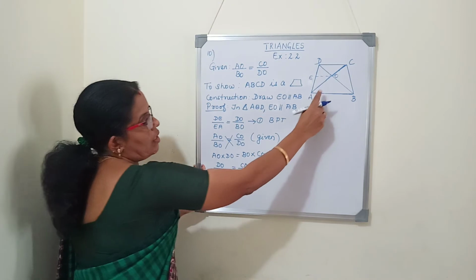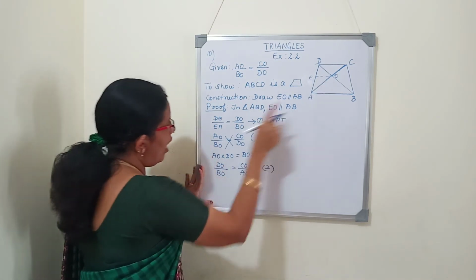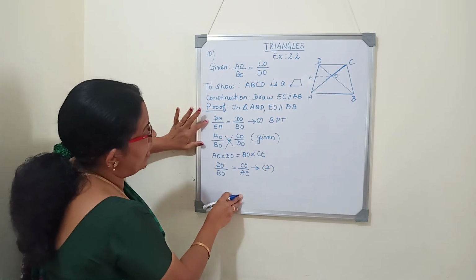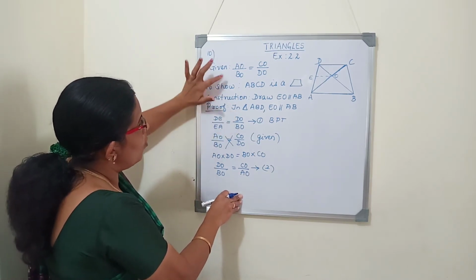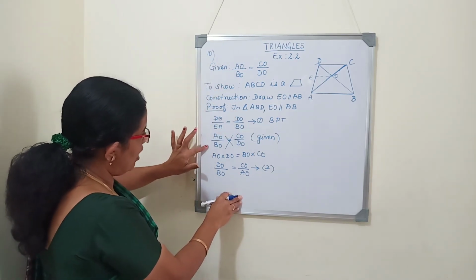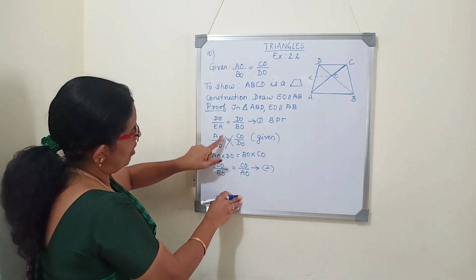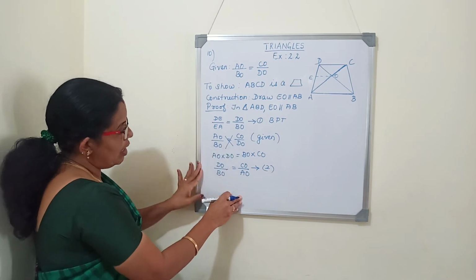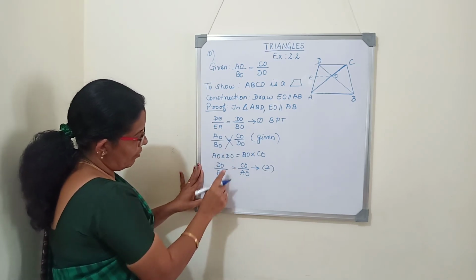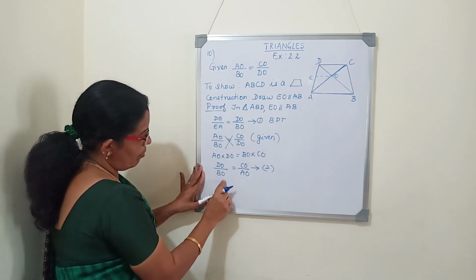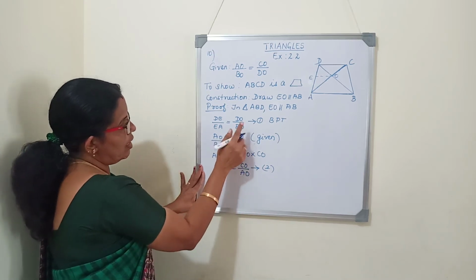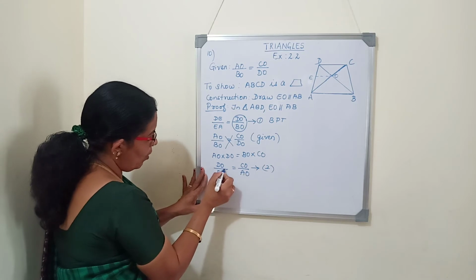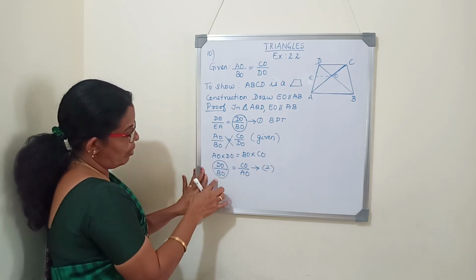So first we had constructed EO parallel to AB and applied BPT in triangle ABD as DE by EA equals DO by BO. What is the ratio given? We had written that, but the RHS for the first equation is not matching with this. So we cross multiplied and converted it into the form DO by BO equals CO by AO. See now, in the first equation also one side is DO by BO, and in the second equation also DO by BO is there.